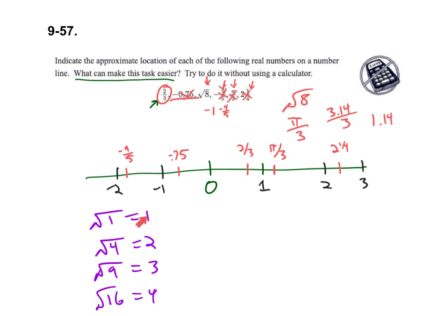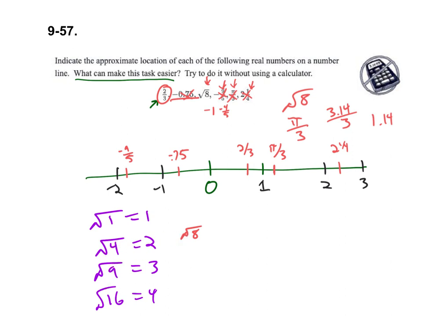So I'm basically just taking all of my counting numbers here and multiplying them by themselves. 1 times 1 is 1. 2 times 2 is 4. 3 times 3 is 9. 4 times 4 is 16. But these are the nice whole numbers. Well, if I think about the square root of 8, in theory, it should fall somewhere between the square roots of 4 and 9, because 8 is between 4 and 9.